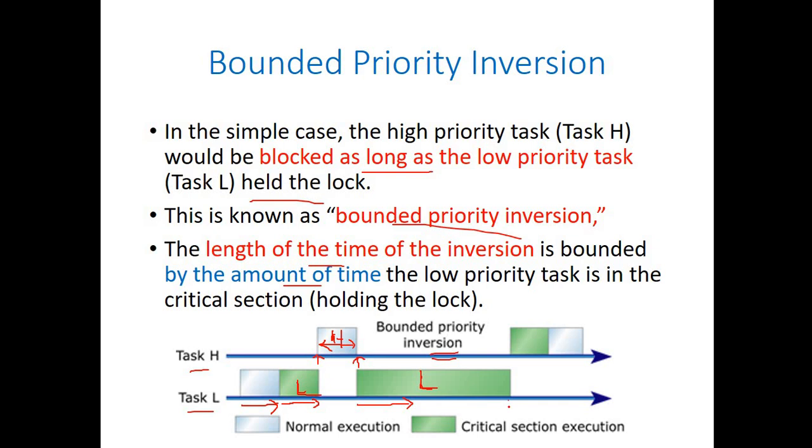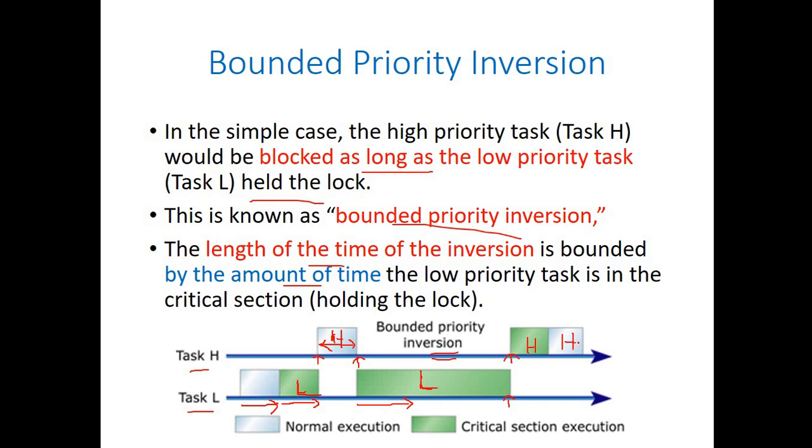Once task L completes its execution, it releases the lock on the resource which is required by task H. Then task H acquires the lock of that particular resource and enters into the critical section. After completing the critical section, it releases the lock, then it enters its normal execution.